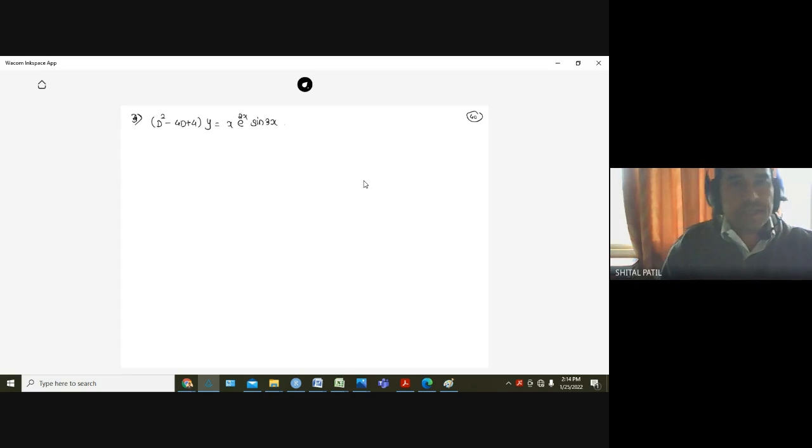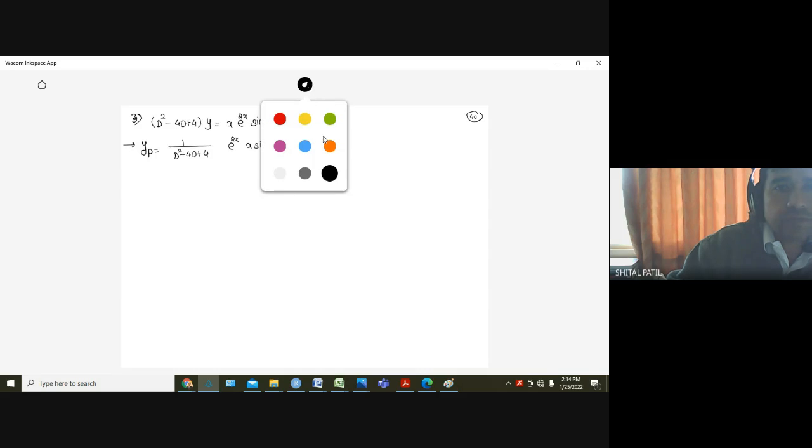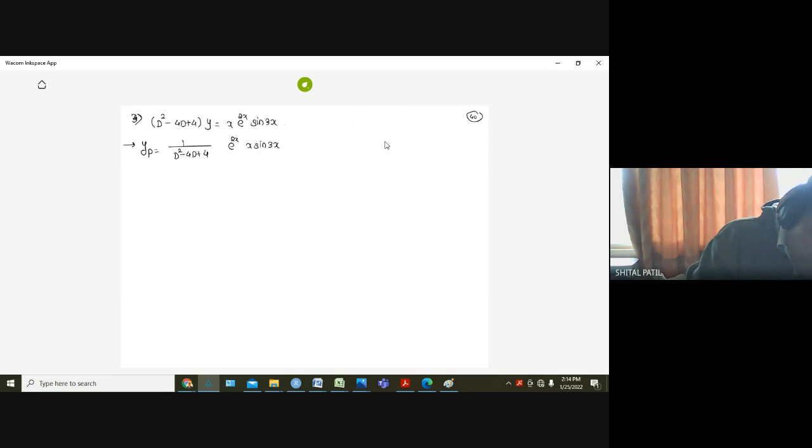Three functions are there. Now understand how to solve it. See, I'm using this formula first. Hope you remember this formula.